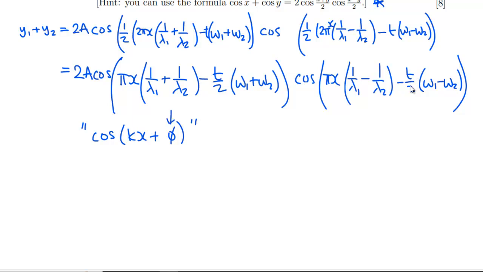That's just moving the graph left or right along the x-axis. But then we've got the k here, which is going to determine the frequency of the oscillation. Because this is the multiplication, if you think of transformations of graphs, we're going to be stretching by a 1 over k factor.